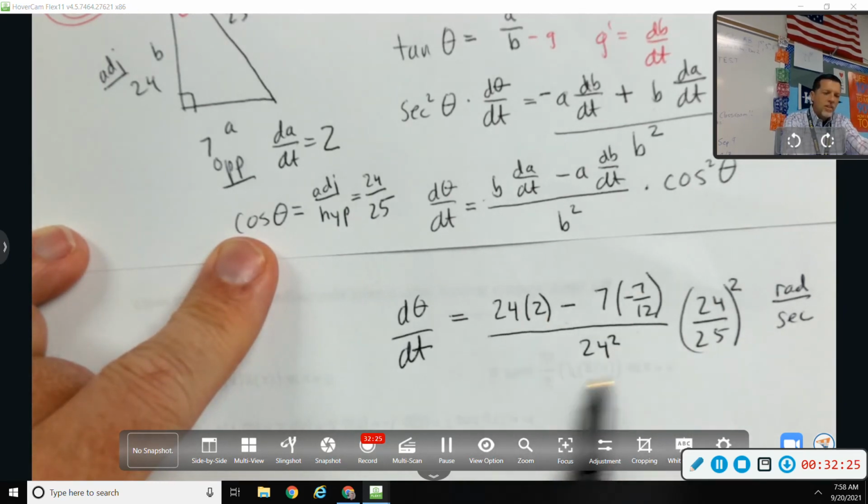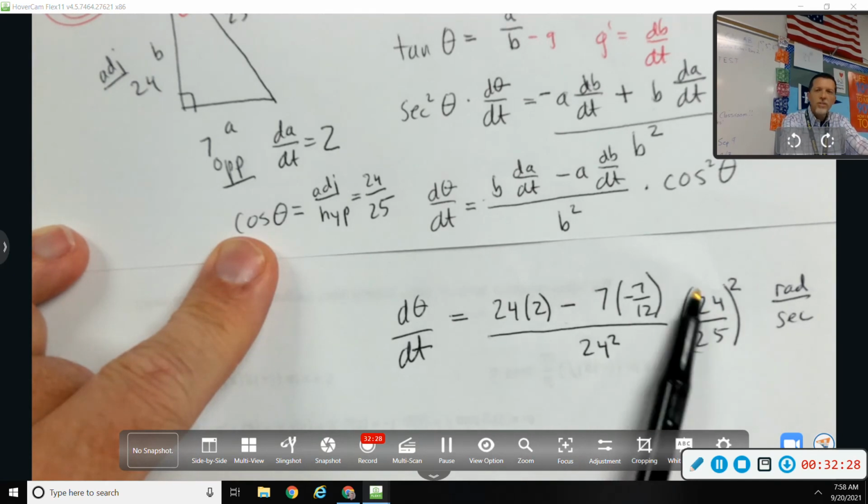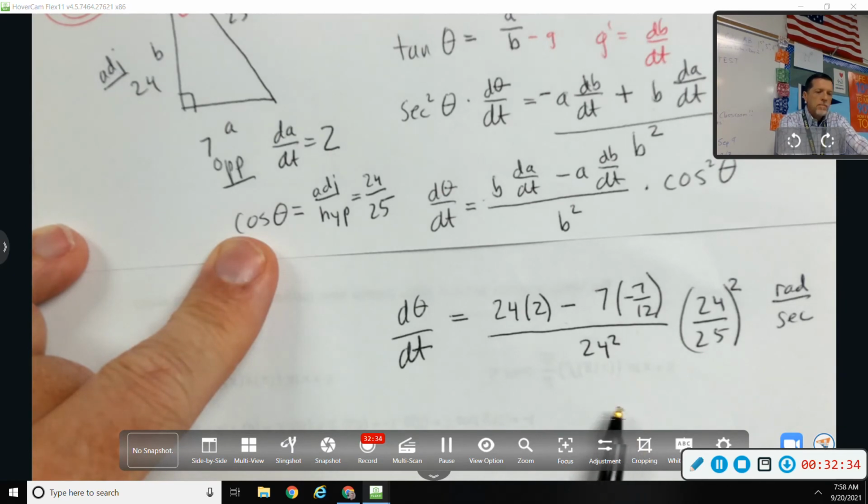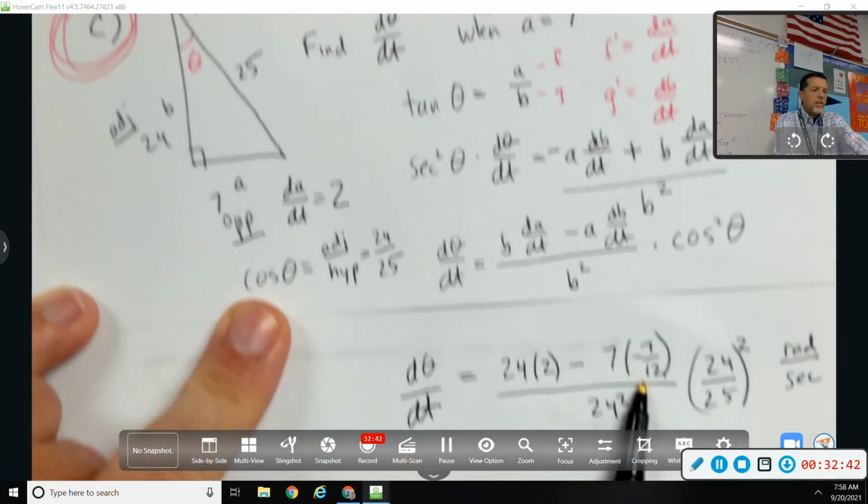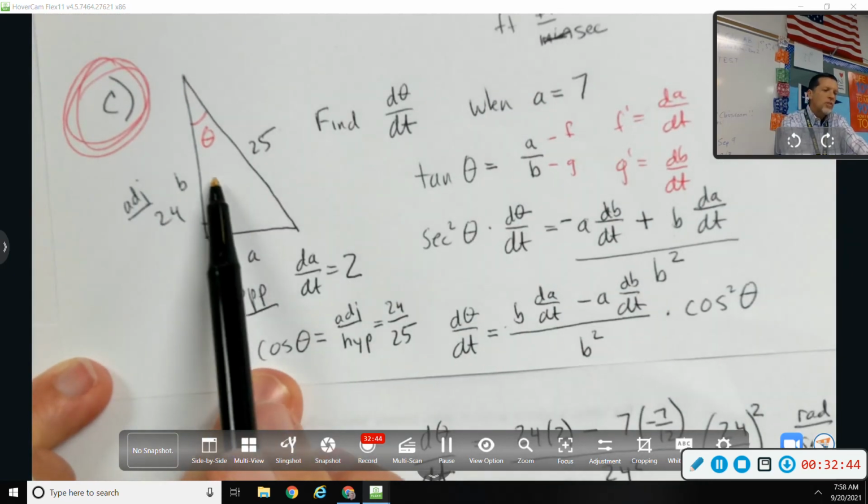A little bit of just kind of checking. Is this answer going to be negative or positive, or can you tell? Well, I got negative here, so definitely going to be positive. Does it make sense from my picture that my angle is getting bigger?